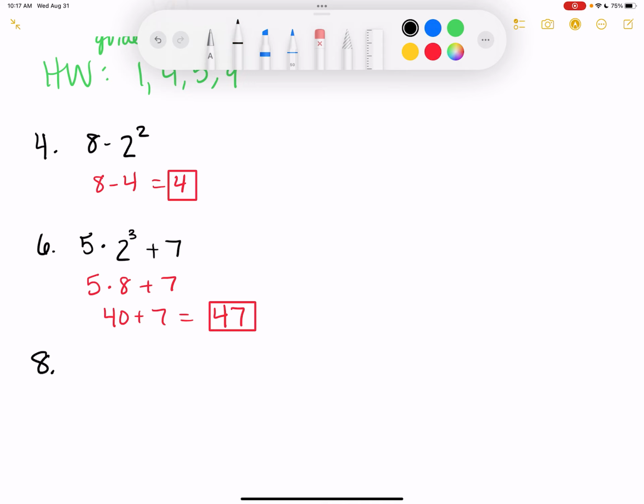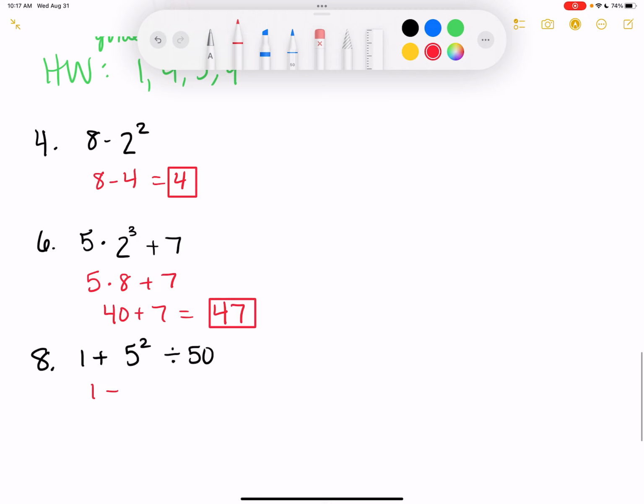Number 8. So this one is 1 plus 5 raised to the 2 divided by 50. So first step in this one. Exponents. So 1 plus 25 divided by 50.